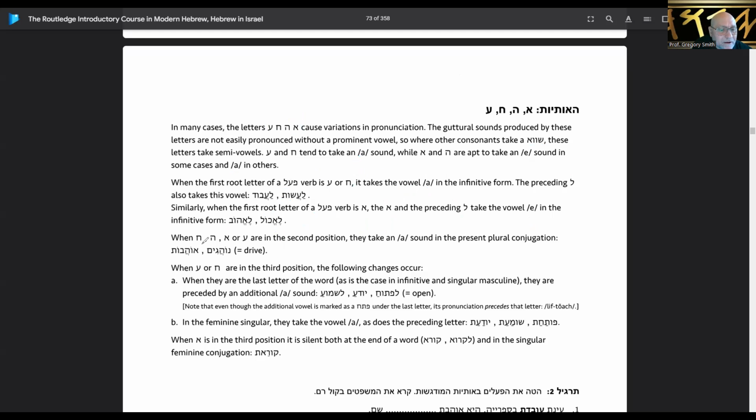Okay, so when Het, Hey, Aleph, and Ayin are in the second position, they take a sound in the present plural conjugation. So nohagim, to drive, or driving, it's probably driving. Ohavim, let's take a look at that.